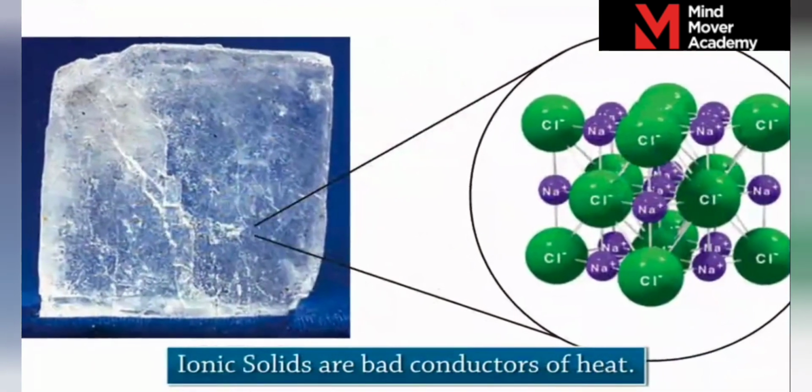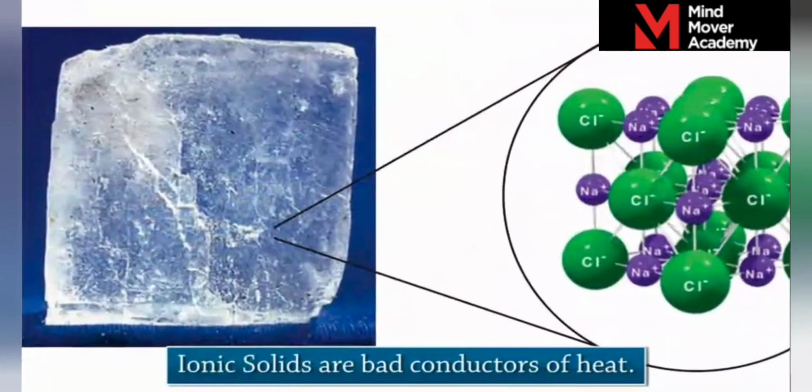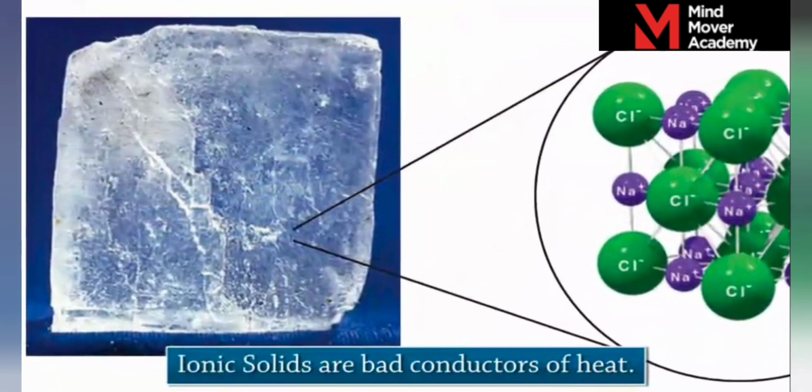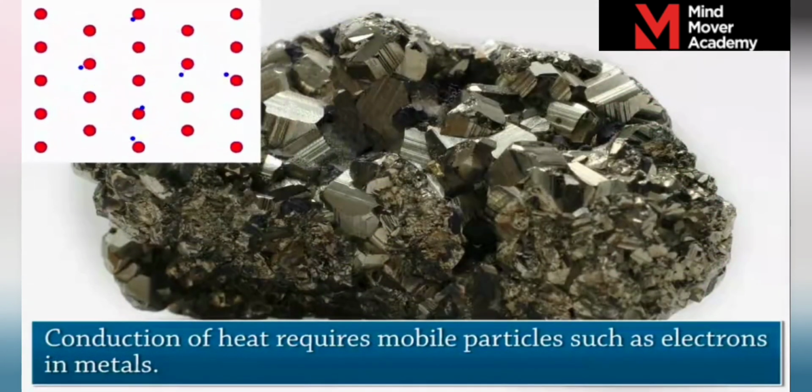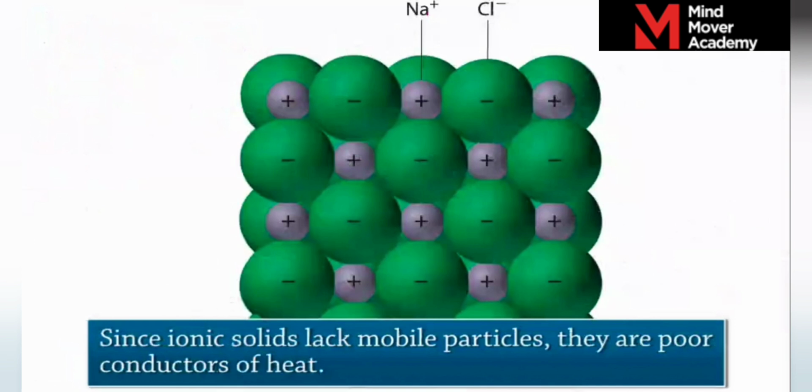Ionic solids are bad conductors of heat. Conduction of heat requires mobile particles such as electrons in metals. Since ionic solids lack mobile particles, they are poor conductors of heat.